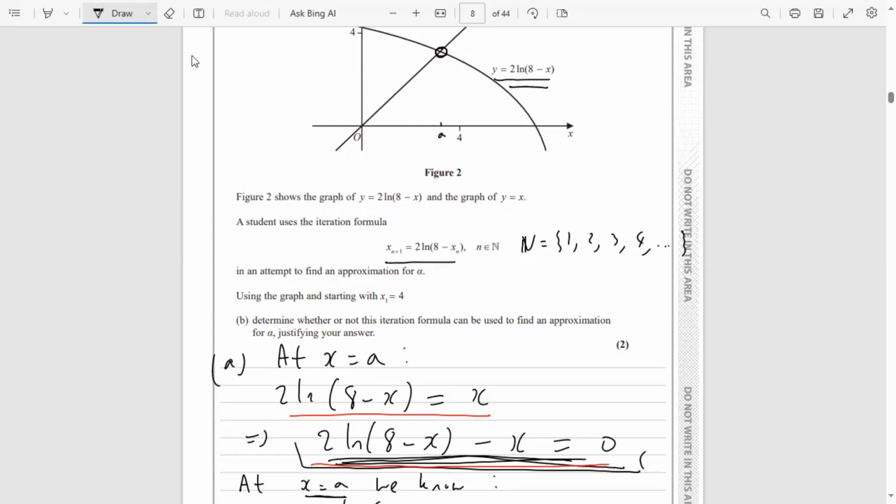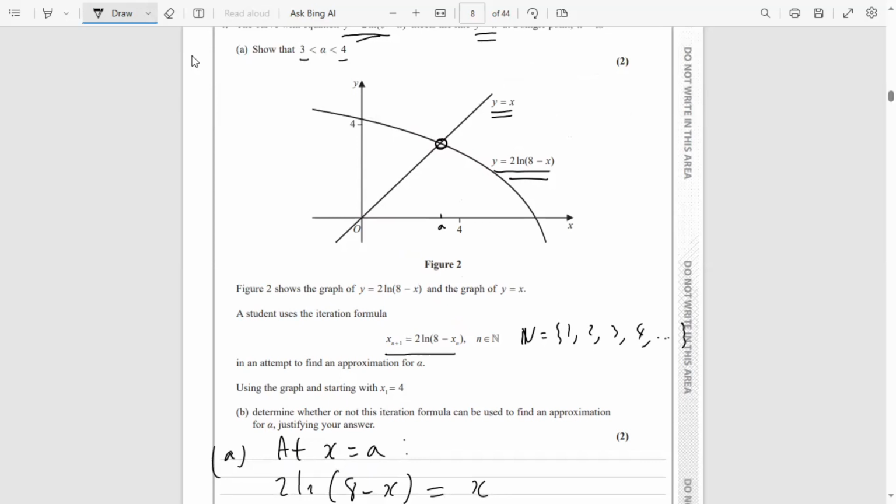A little comment: the reason they've chosen this formula to approximate the solution x equals a is that when you set x equal to this, you get 2 ln(8 minus x) equal to x.